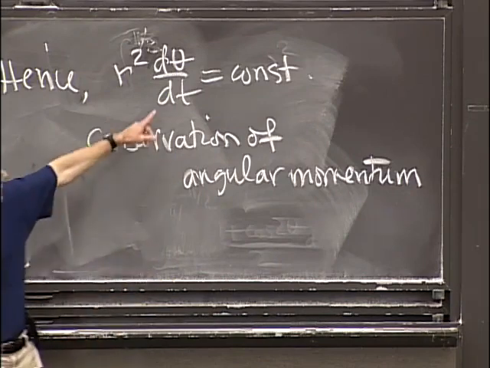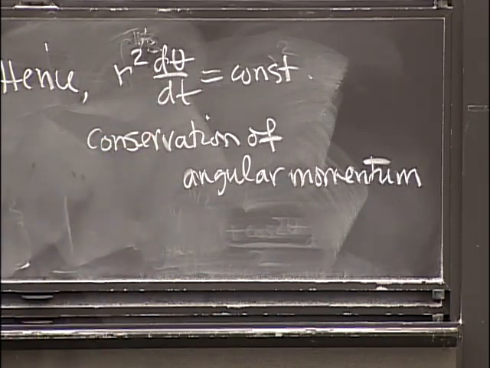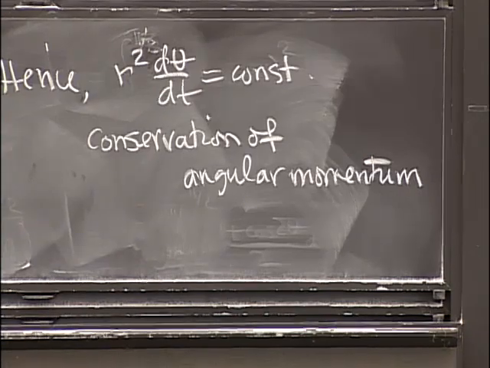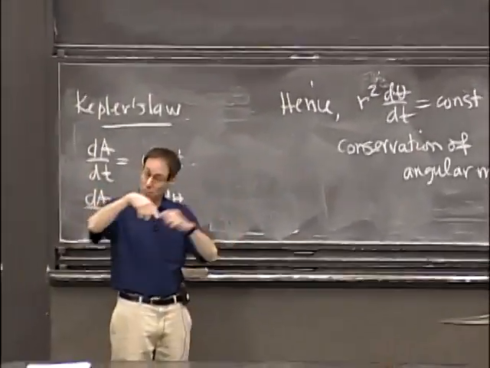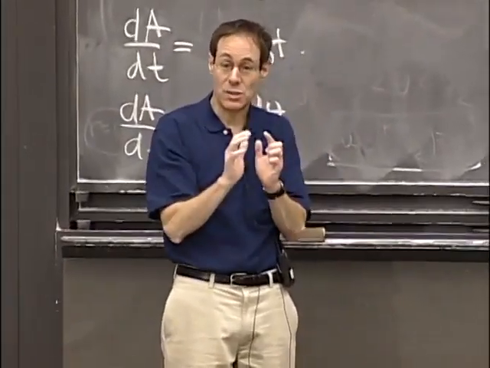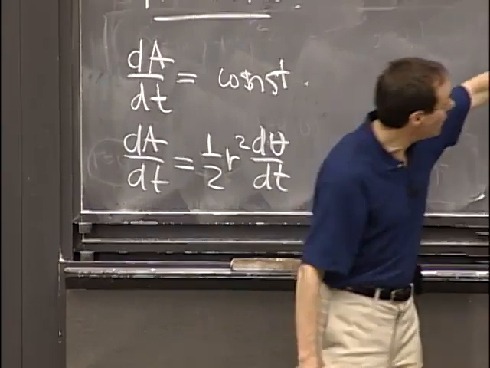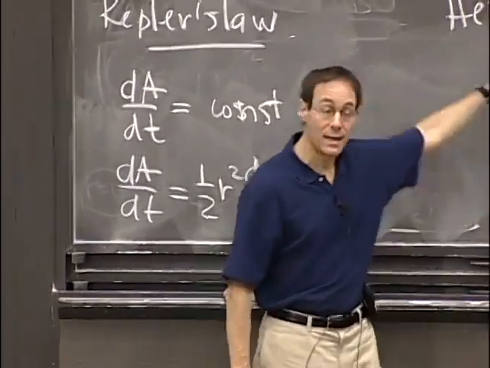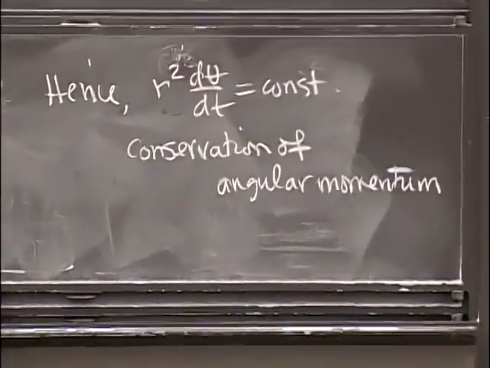This is the expression for angular momentum. And what Kepler was observing, it turns out, is what we see all the time in real life, which is when you start something spinning around, it continues to spin at roughly the same rate. Or if you're an ice skater and you get yourself scrunched together a little bit more, you can spin faster. And there's an exact quantitative rule that does that, and it's exactly this polar formula here.